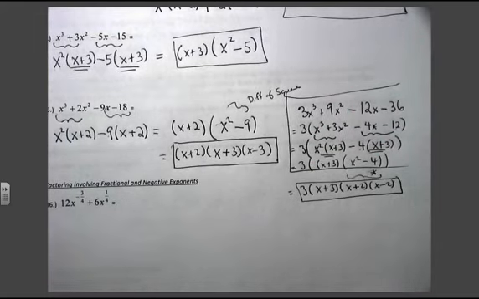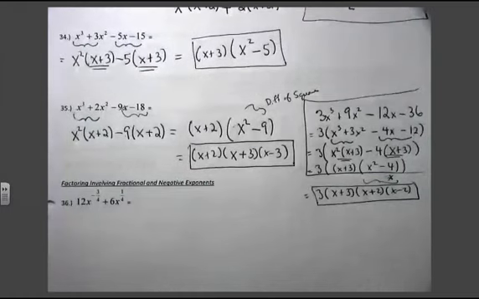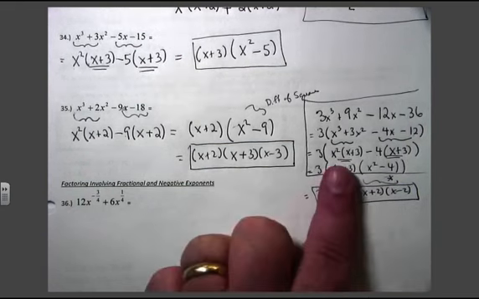Yes, ma'am? For problems like number 15 and the one that you just made up, how do you check them to make sure that they get back to that first equation? Exactly the way you think you should check them. One at a time, take the x plus 2 times x minus 2. FOIL it out, and when you clean it up, you get x squared minus 4.